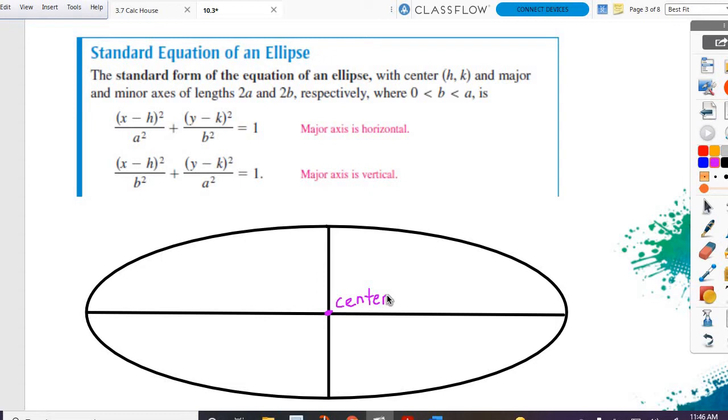So your center, again, remember, is the point that is in the middle of everything. Our major axis here is going left and right, which means that our vertices are on the ends.